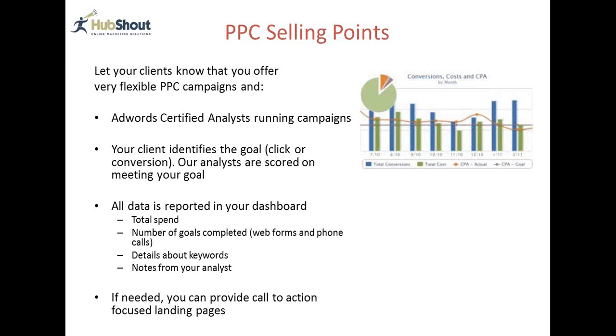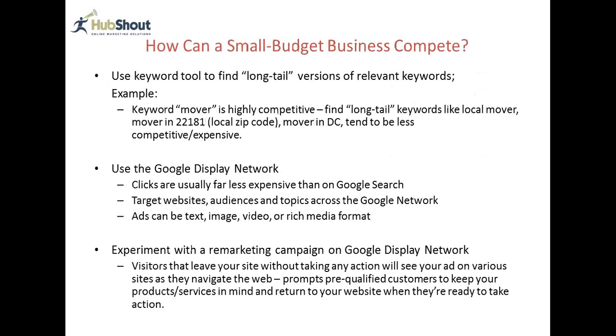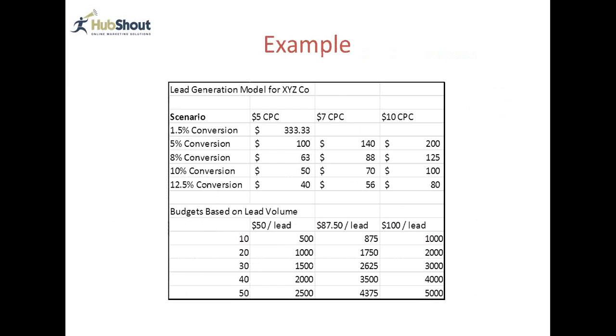So if you came to us, back to the slide from a couple slides ago, and said, hey, I need 30 leads and I'm going to give you $500 a month.